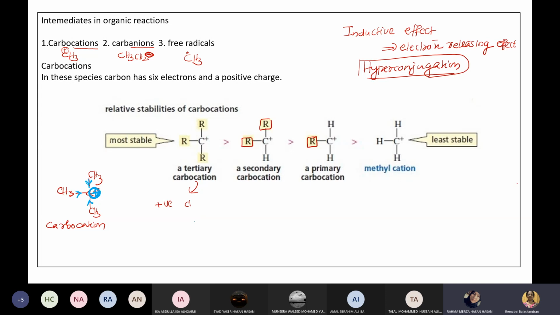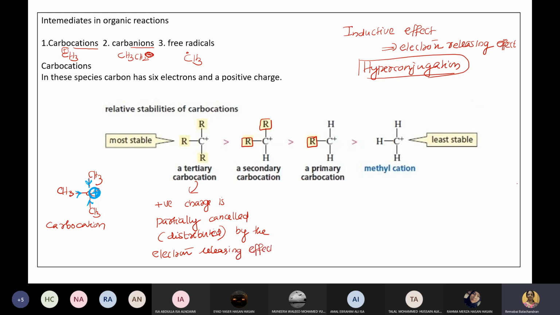The positive charge is partially cancelled by the electrons, or in brackets, distributed, by the electron releasing effect of the three alkyl groups. The electron releasing effect is called the inductive effect.